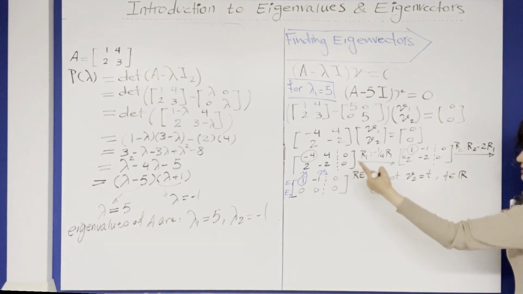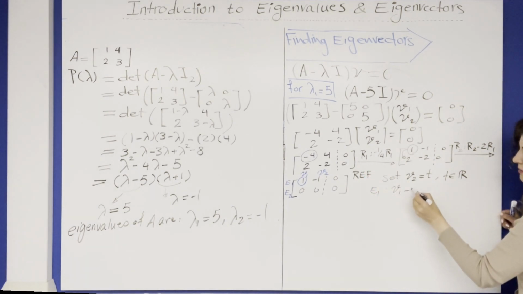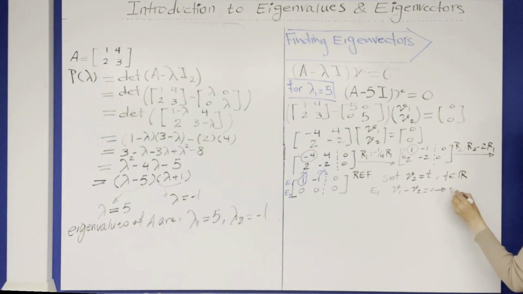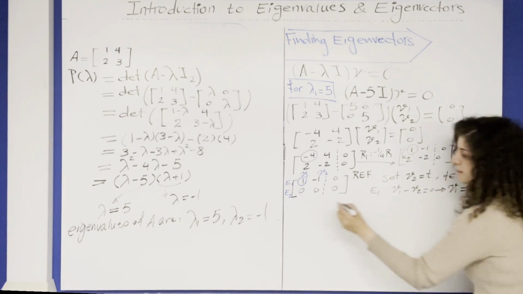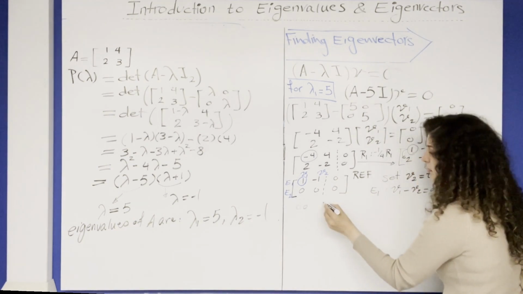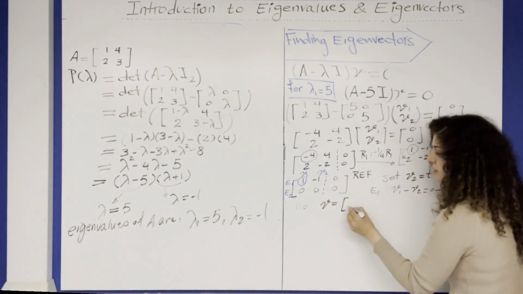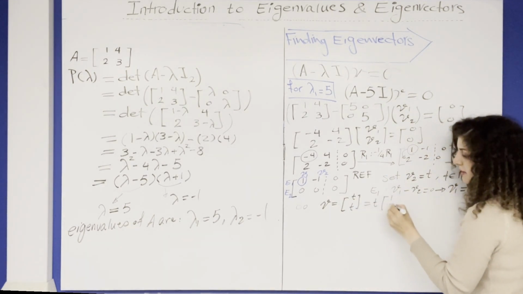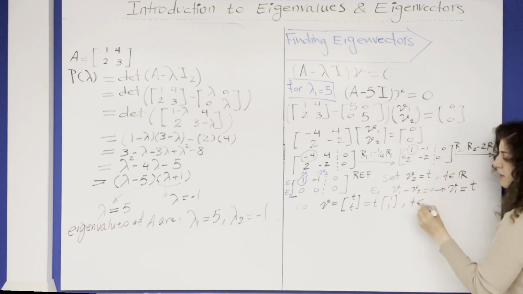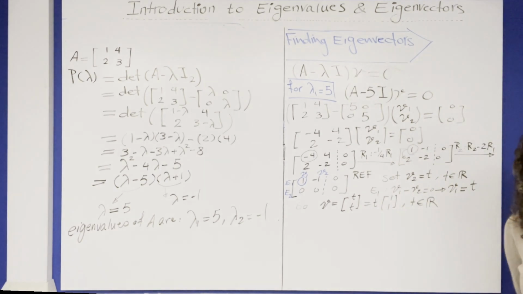So 1 times V1 minus V2 is 0. I can replace V2 with t, so I'll get V1 minus t equal to 0, which gives me V1 equal to t. So the solution for this one is going to be V equal to t and t, or I can factor out t. I get t times 1 and 1, for t being a real number.